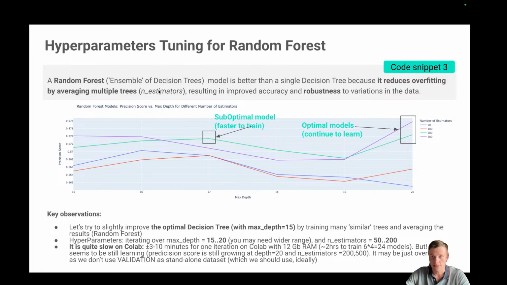The number of estimators in my case could be 50, 100, 200, or 500. It's many estimators, or many trees to train on.